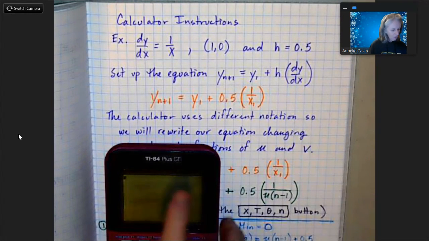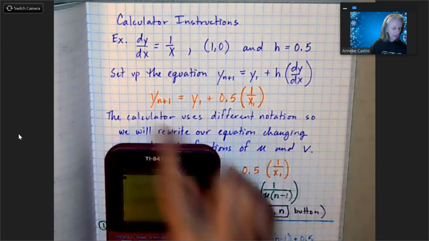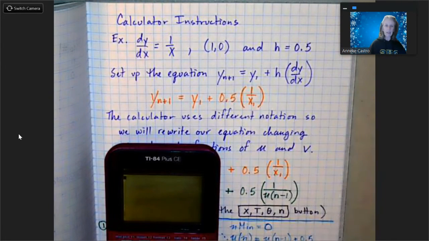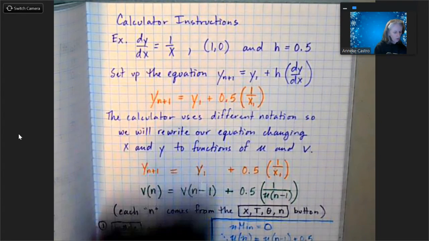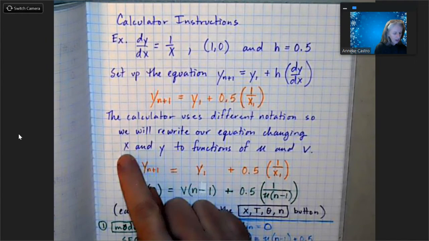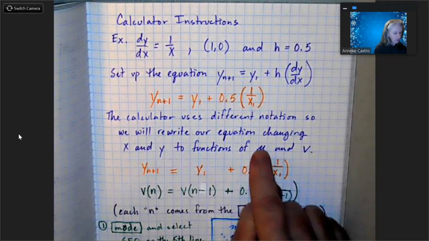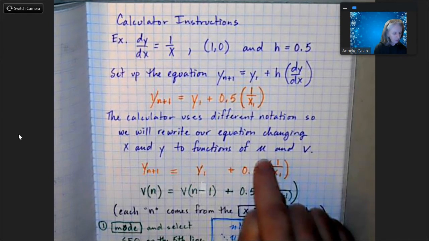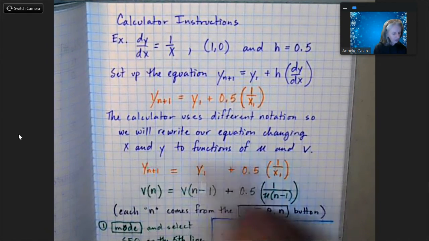Now, when we put it into the calculator, we can't just put it in straight like this. The calculator wants it in a different form, using different notation. So we are going to rewrite our equation. The x's and y's are going to change to u and v. So x is going to become the letter u, and y is going to become the letter v.